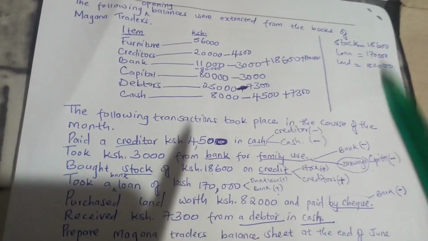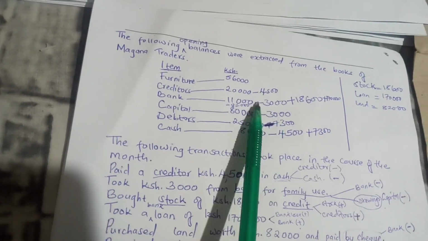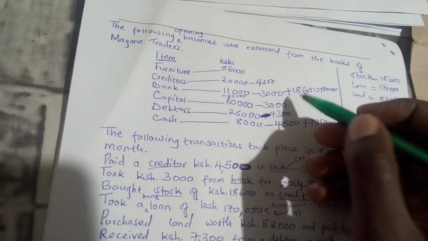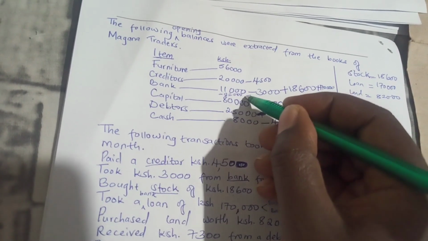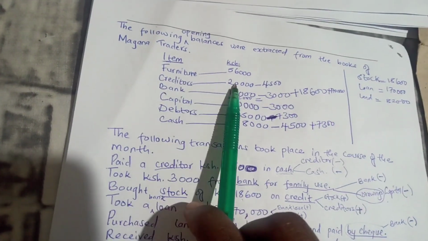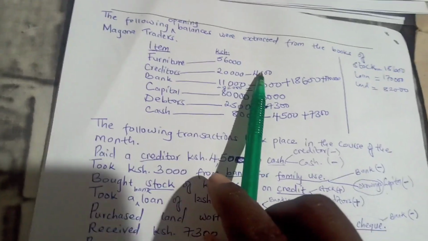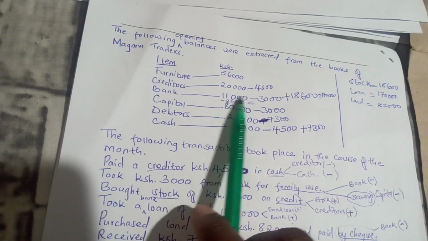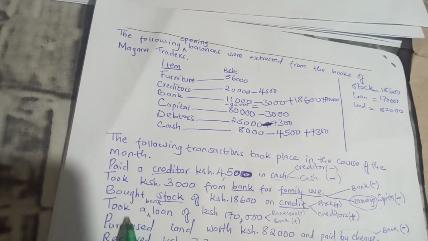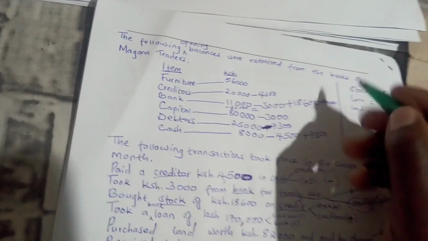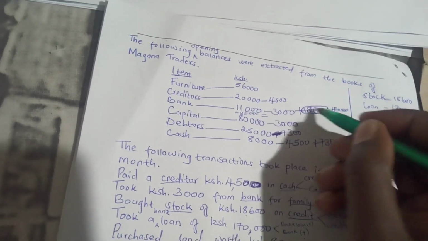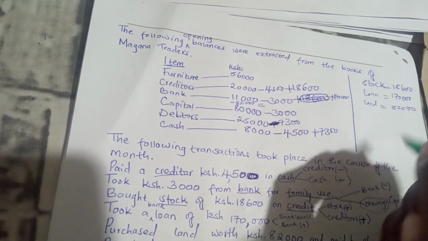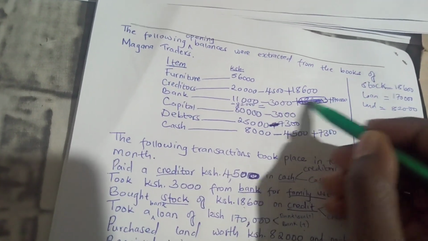Yes, now we are almost through. What you do next is, where there were effects, you just need to get the balances. So, for instance, creditors: 20,000 minus 4,500 plus 18,600, which is supposed to be there.